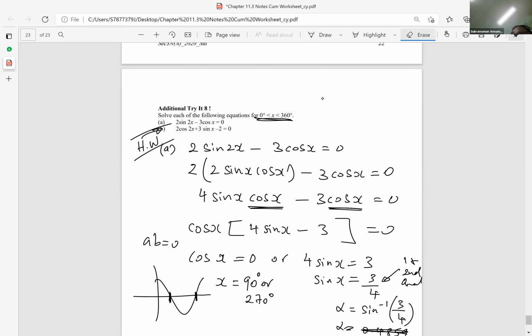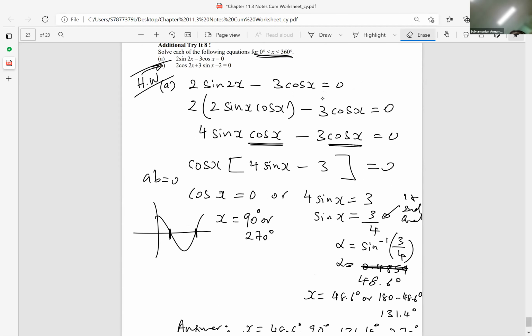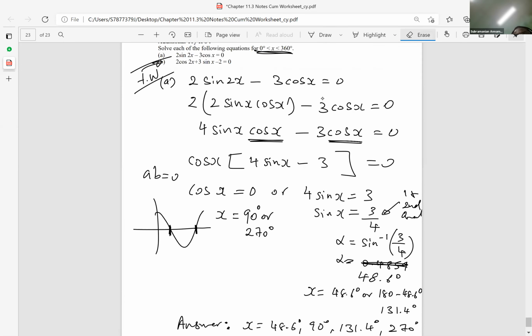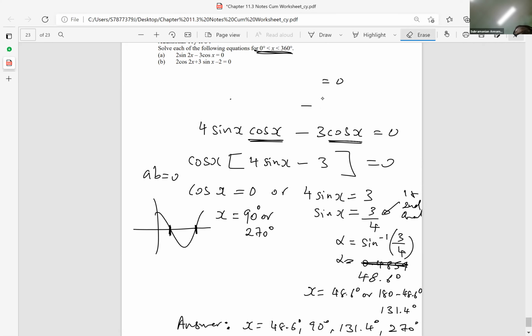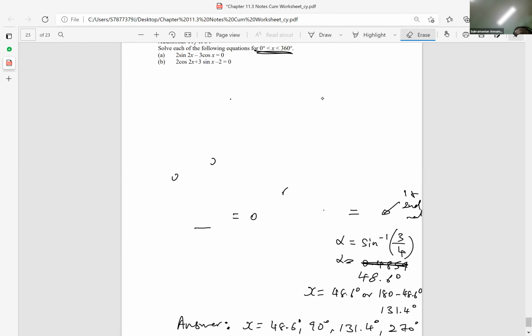I'll just erase this off. Okay, this was the answer for try it 8. So let's erase this off. Those who have not finished, please try doing this. The B part, A part is already being solved, right? Just give me a minute to erase all these things here.